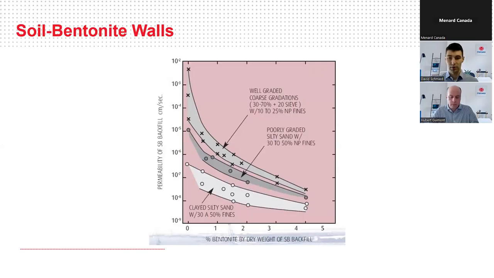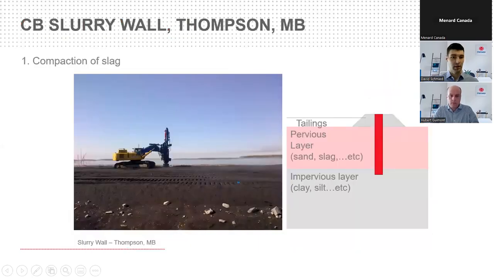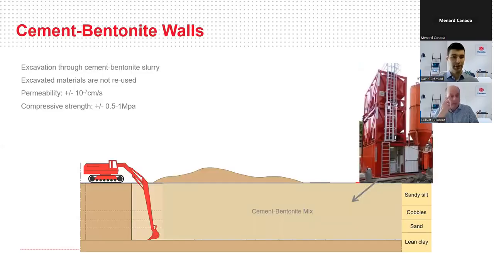The other type of wall we can construct here is cement bentonite. Cement bentonite walls would be more for if you're looking for a compressive strength spec along with the permeability spec. We actually mobilize a batch plant site similar to soil mixing.